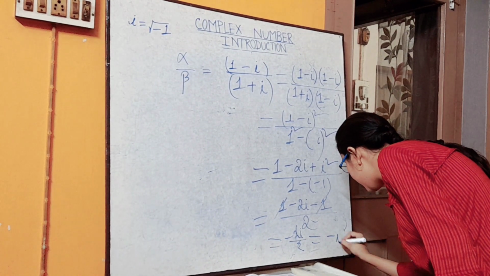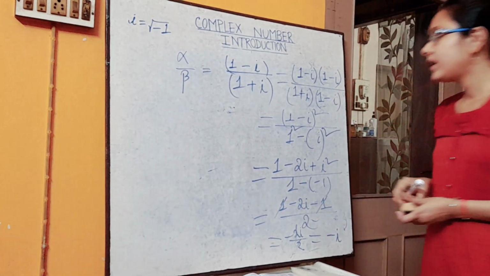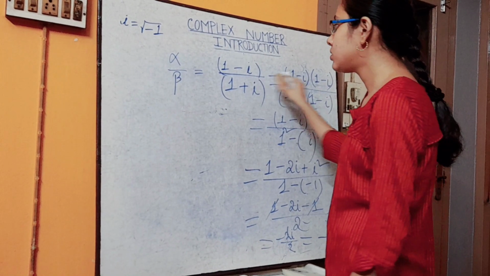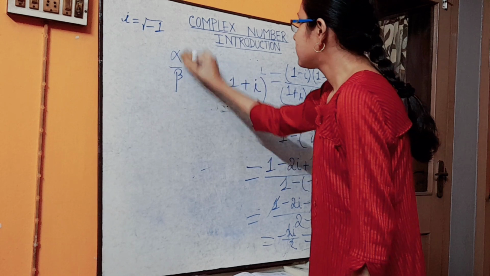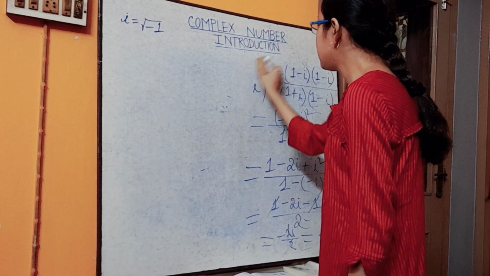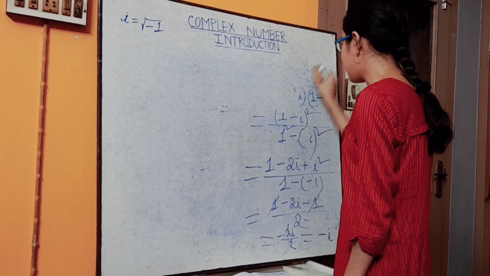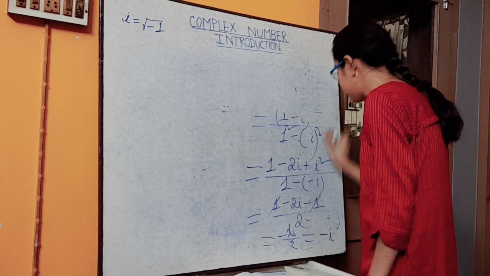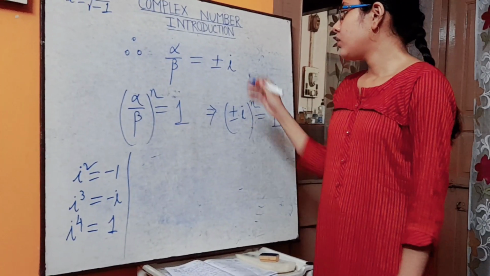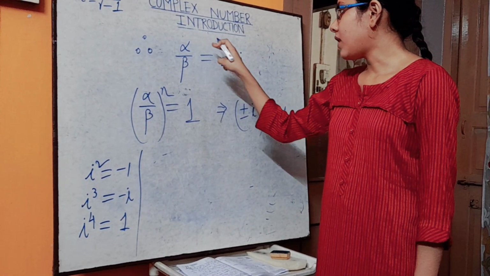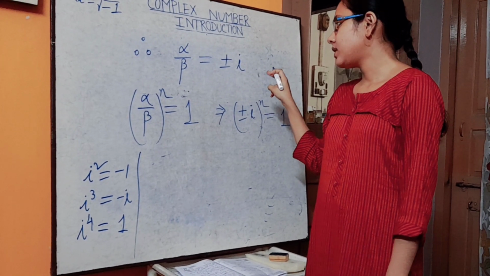This becomes minus iota. So we get two values of alpha by beta. One is iota and one is minus iota. So the value of alpha by beta is equal to plus minus iota.